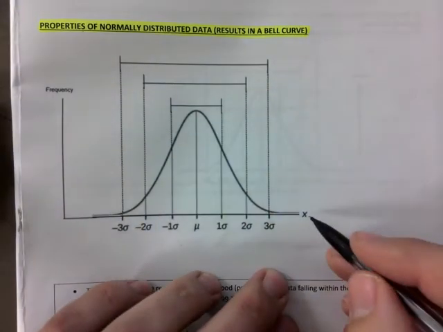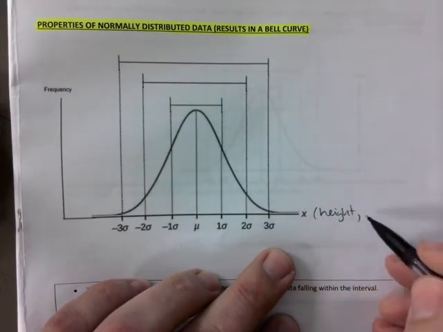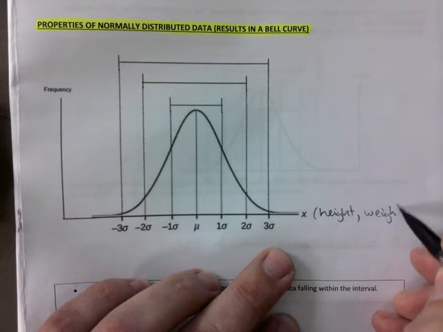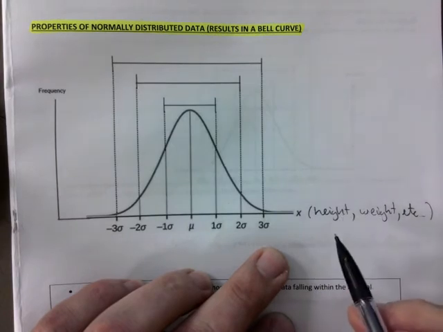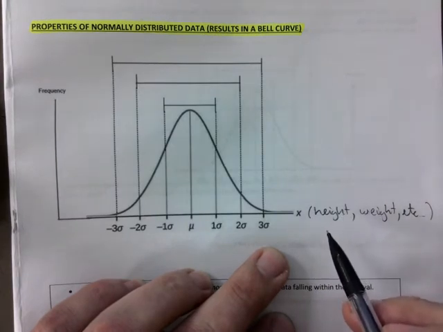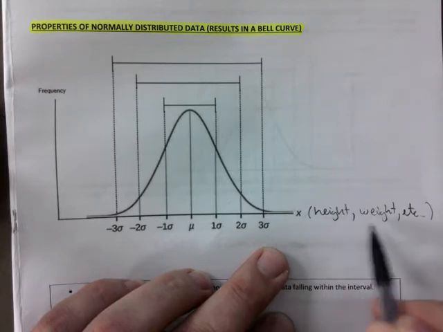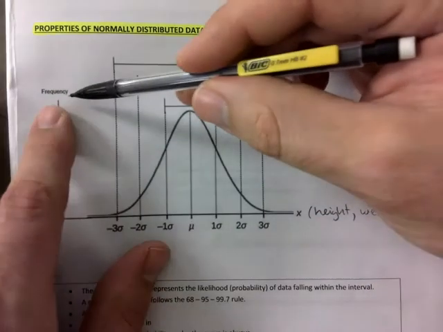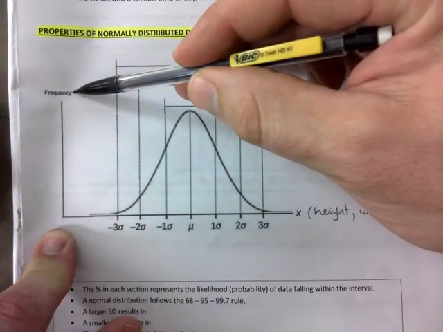So frequency and X along here could be height, it could be weight, etc. It could be the lifetime of battery, of bulbs, you name it. So there could be anything along the x-axis. Frequency always goes along the y-axis, and it's how often it occurs.